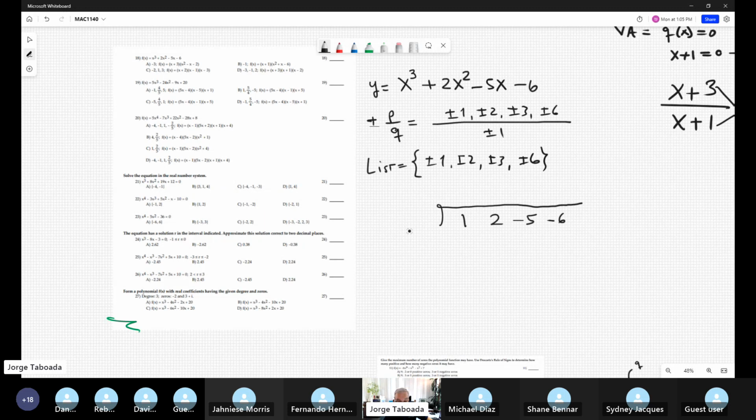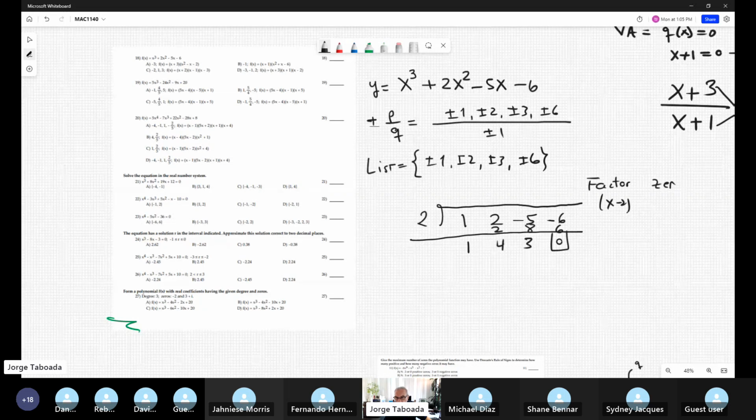I put in decimal, I saw that 2 works perfectly because it's 0. Bring down 1, multiplication is 2, 2 plus 2 is 4, this is 8, subtraction is 3 positive, and 6, 0 remainder. Boom! Therefore, the factor x minus 2 belongs to this polynomial, and the 0 is at value 2 positive.